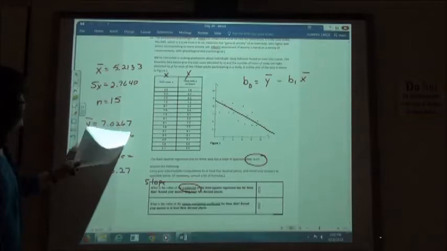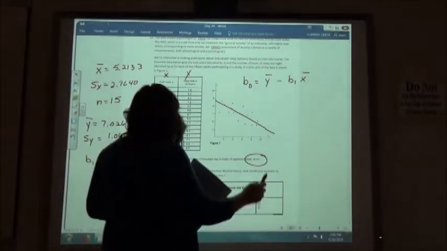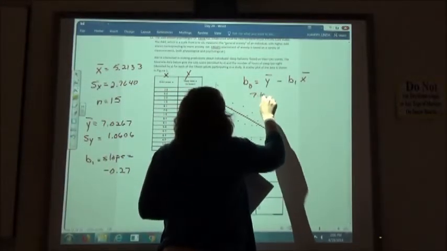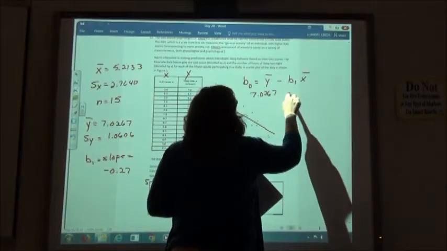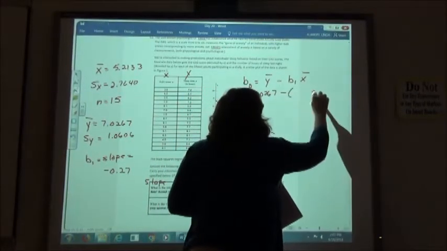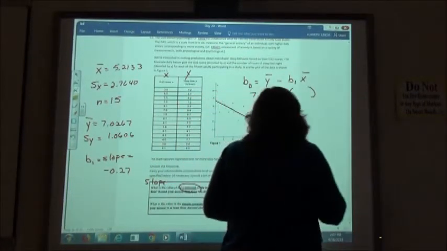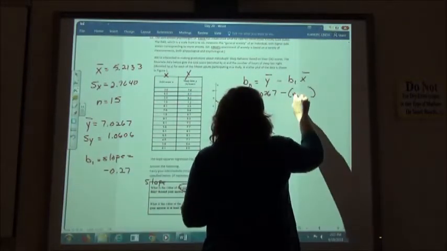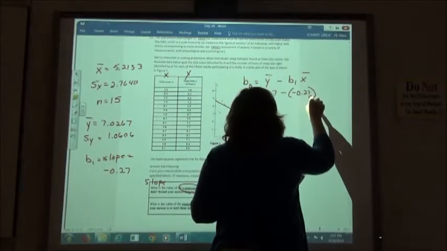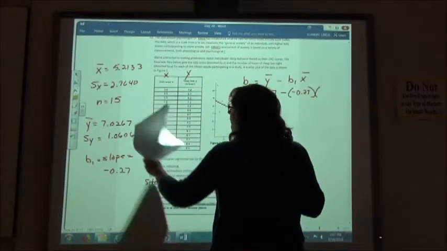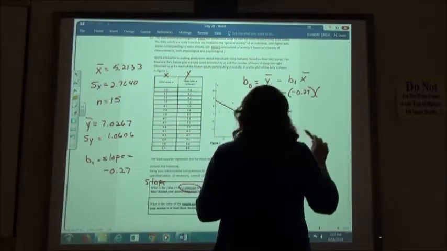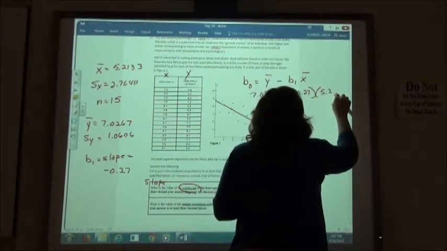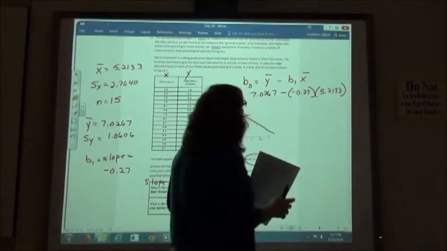So in this case, my mean of y, 7.0267. I'm going to subtract the slope. In this case, my slope is negative. So I'm going to subtract a negative 0.27 times my mean of x, 5.2133. So be careful on that.